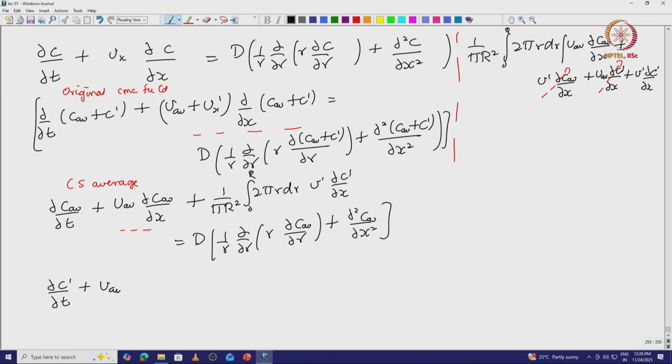Plus V average partial C prime by partial x plus V prime partial C average by partial x, minus this term. I am subtracting out this term here: minus 1 by pi r square integral 0 to r 2 pi r dr V prime partial C prime by partial x, the cross sectional average of the fluctuating velocity times the fluctuating concentration.